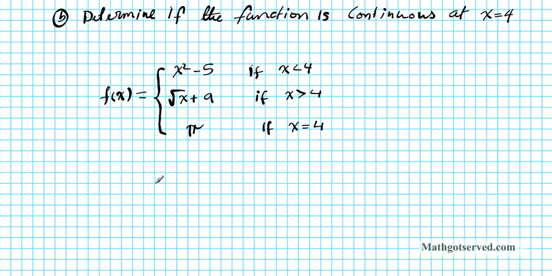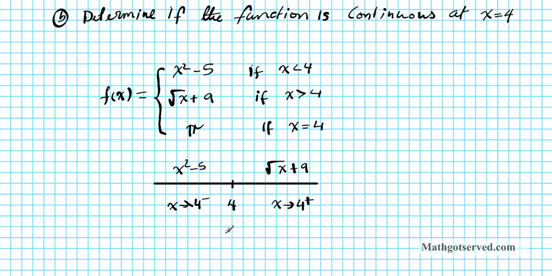So let's give ourselves a number line to have a solid idea of what the picture looks like. So this is the value 4. To the left is less than. We're dealing with this function x squared minus 5. That's when x is approaching 4 from the left. And then from the right, we're dealing with this function, the square root of x plus 9, when x is approaching 4 from the right.